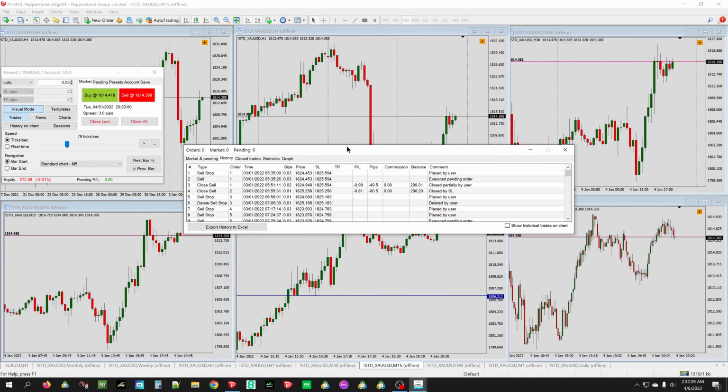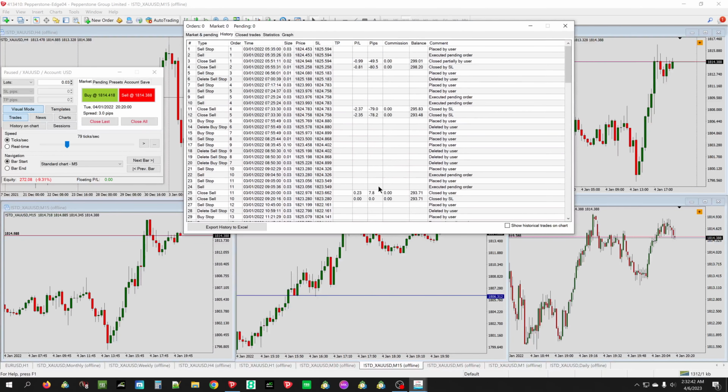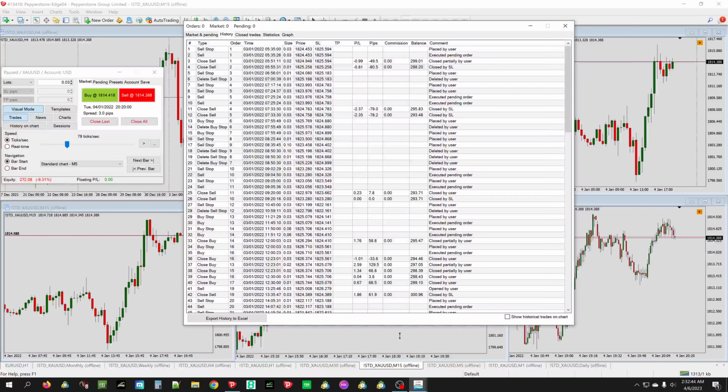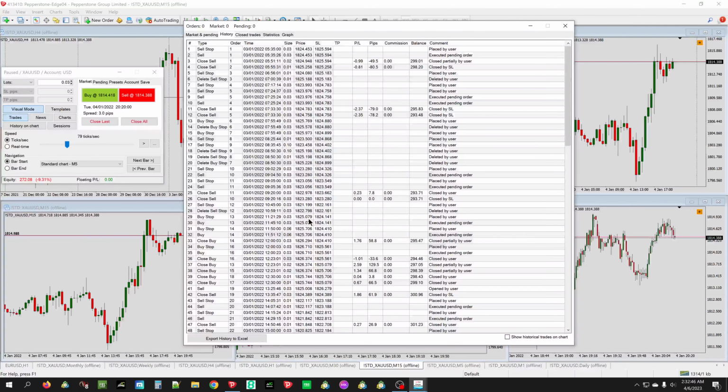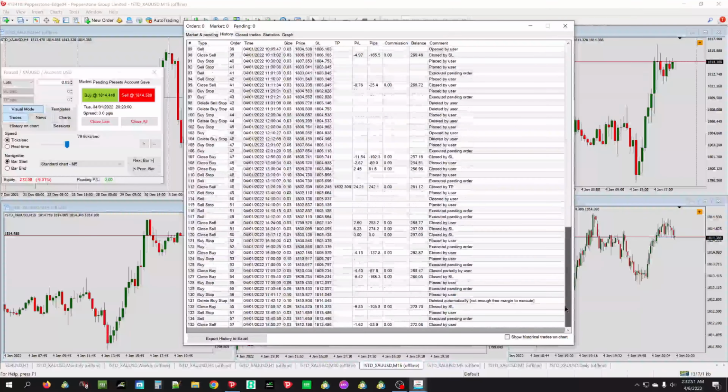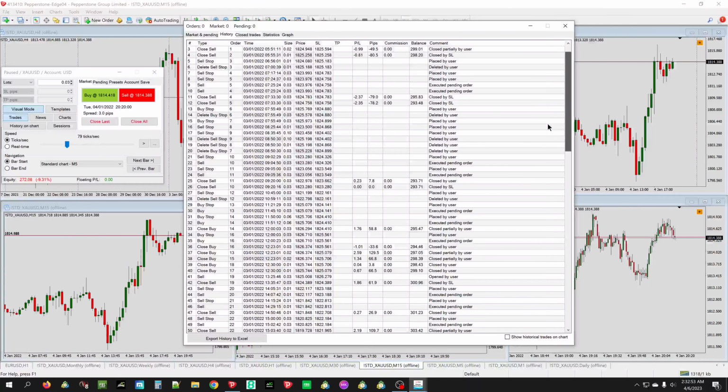If I look at my history, I need to see how many trades I took today, and how much in US dollars I lost. So today is the 4th of January.